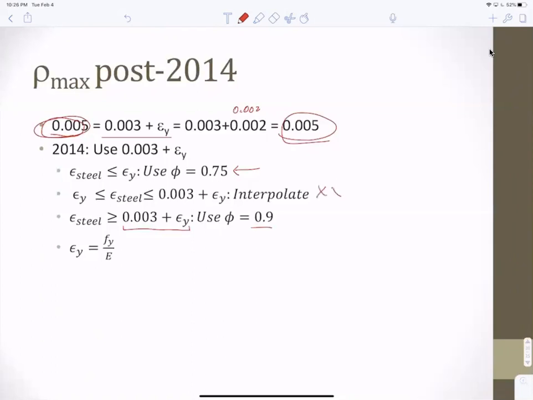I wouldn't do this. What I would do is just make sure the strain in your steel is greater than 0.005 for grade 60. And here's how you calculate the yield strain.